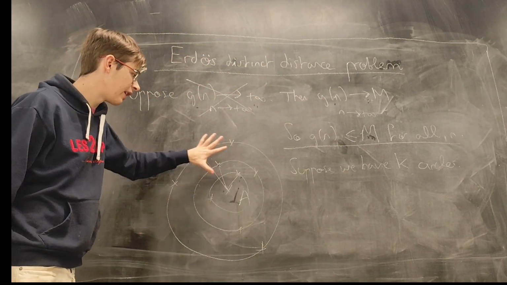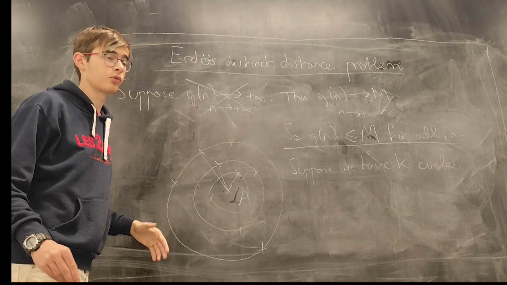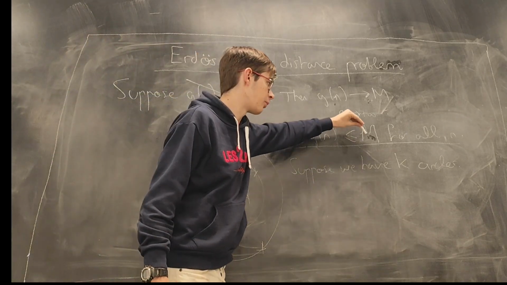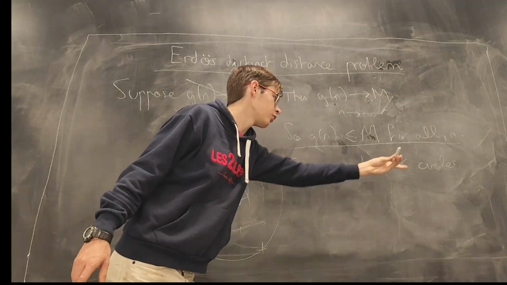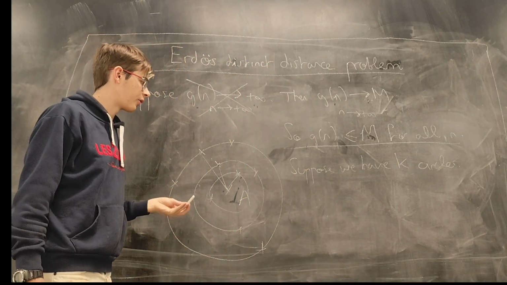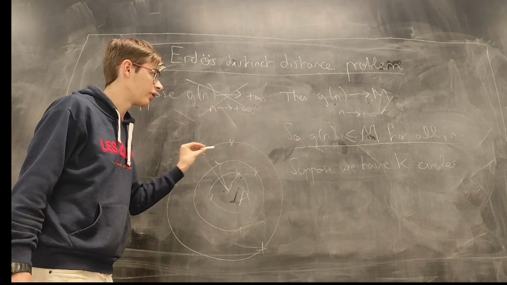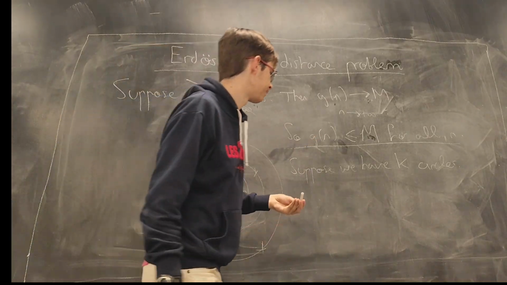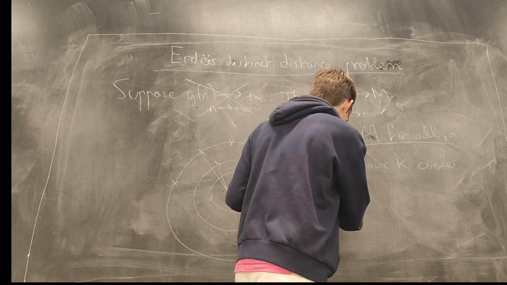Because we've taken a minimal set of n points with a minimal number of distances, so we know that this number of distances is smaller than m. And the number of circles is exactly the number of distinct distances between A and the other points, so this number is smaller than m. So we can't have too many circles.